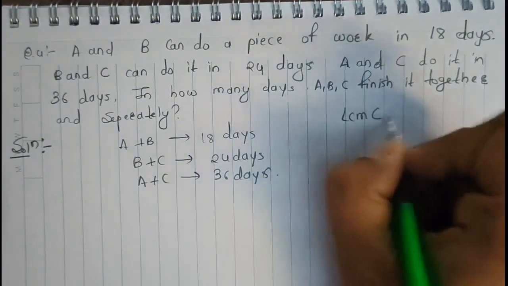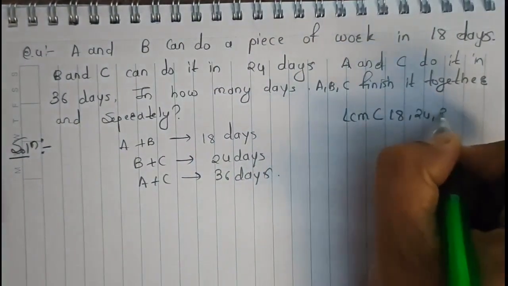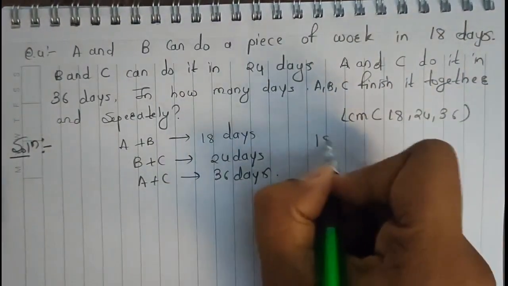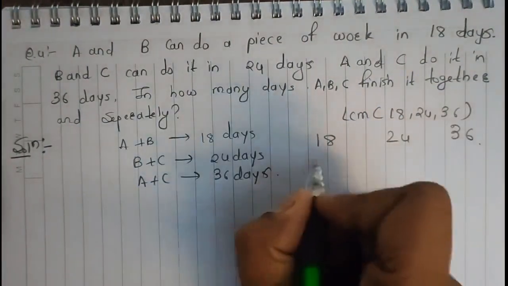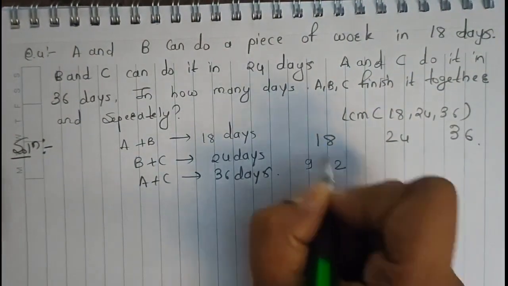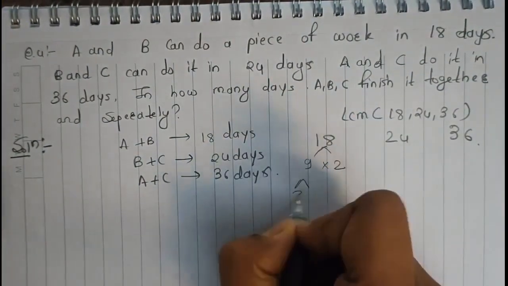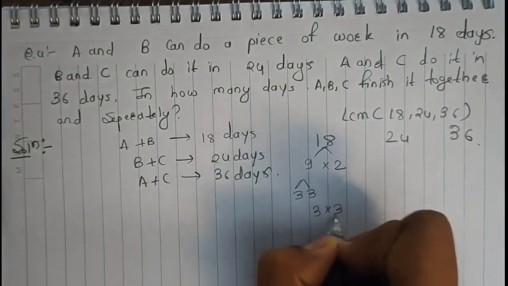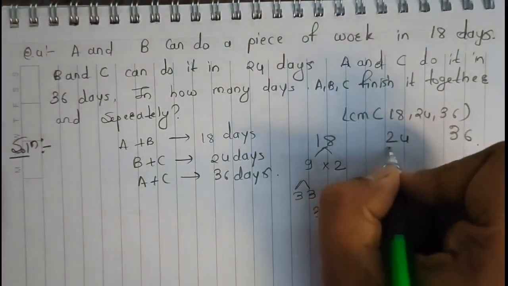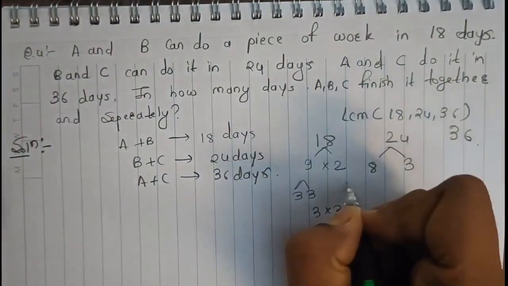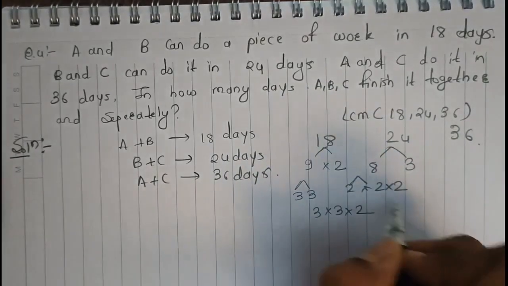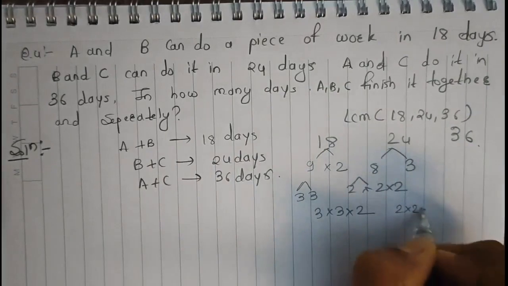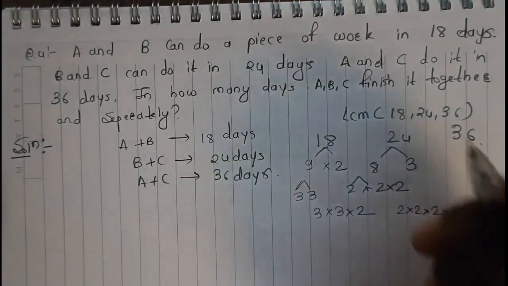So the LCM of 18, 24 and 36. Find the factors: 18 is 9 into 2, which is 3 into 3 into 2. 24 is 8 into 3, which is 2 into 2 into 2 into 3, right?